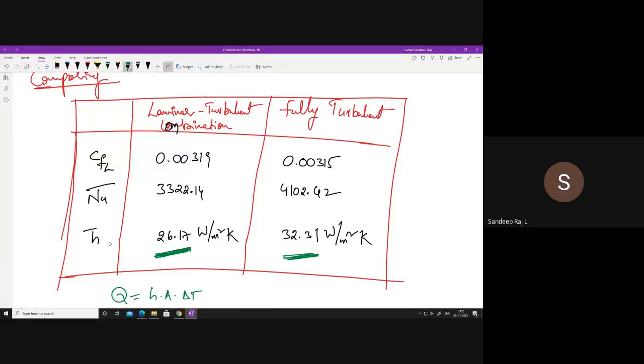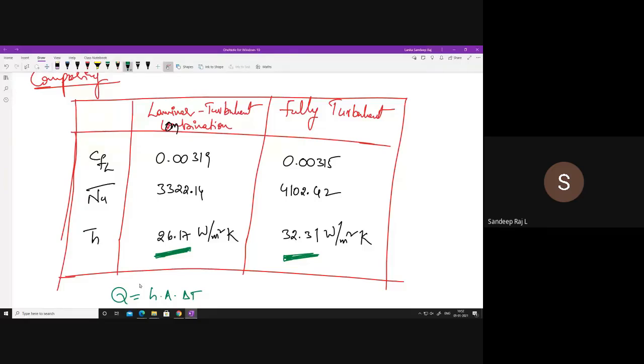So what is the use of finding H? Ultimately, you want to find out the Q value. So your Q value will be higher if the H value is higher. So ultimately, your Q is not estimated properly. That's the disadvantage of the fully turbulent case.